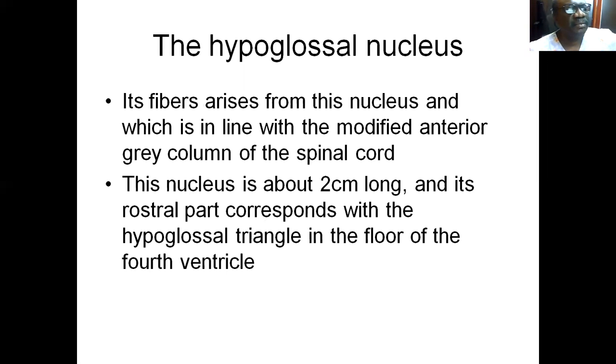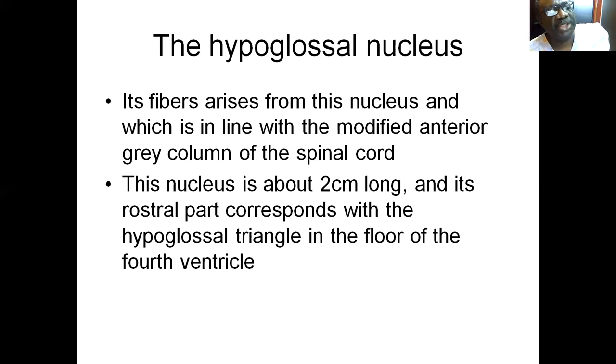Its fibers arise from the hypoglossal nucleus, which is in line with the modified anterior gray column of the spinal cord. This nucleus is about 2 centimeters long, and its rostral part corresponds with the hypoglossal triangle in the floor of the fourth ventricle.